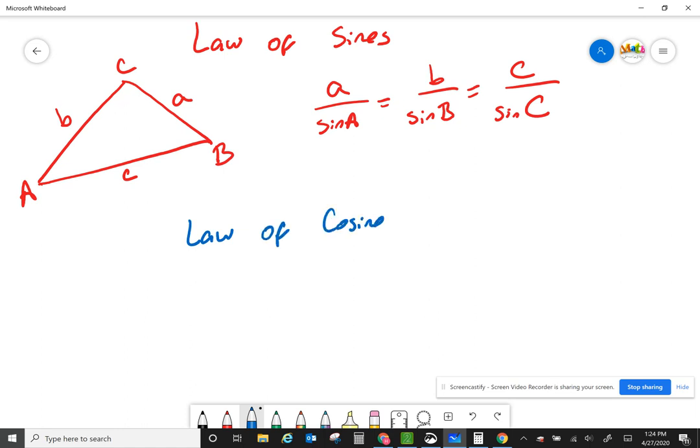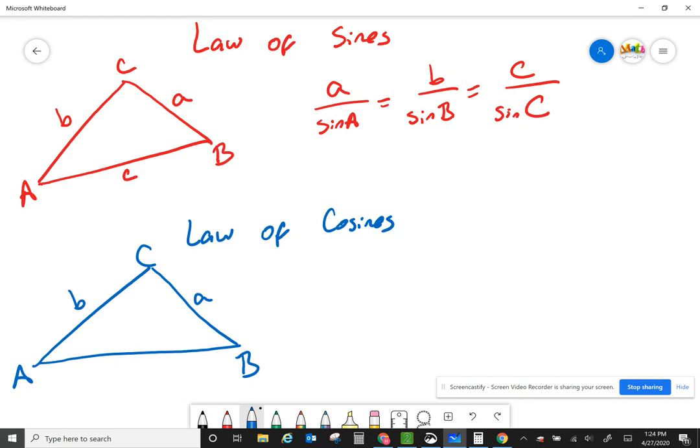The law of cosines. What that tells us, the same idea, given a triangle, and let me call the angles A, B, and C, and let me label my sides a, b, c. Remember, side a is opposite from angle A, so this is side a.